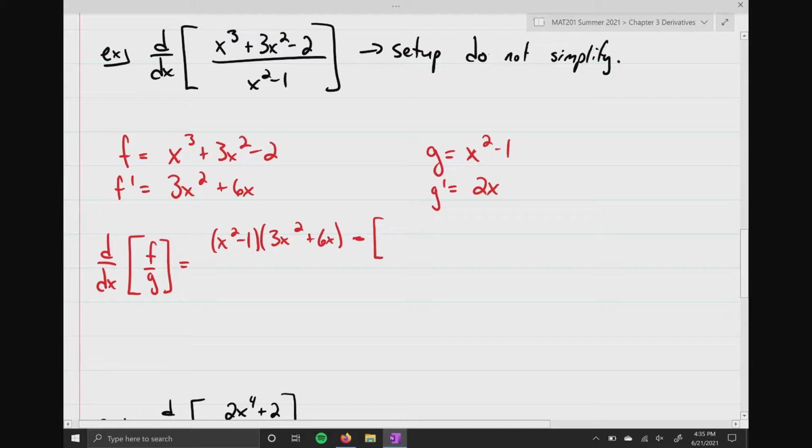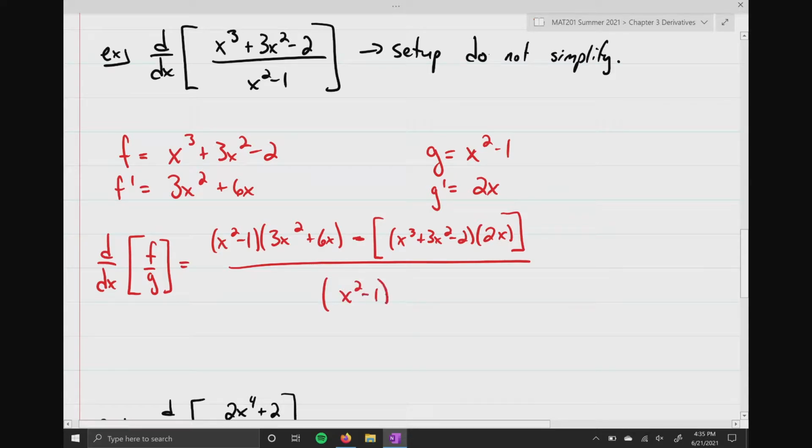Now this is going to be f, which is x cubed plus 3x squared minus 2, times g prime, 2x, all over g of x, which is going to be x squared minus 1, quantity squared.